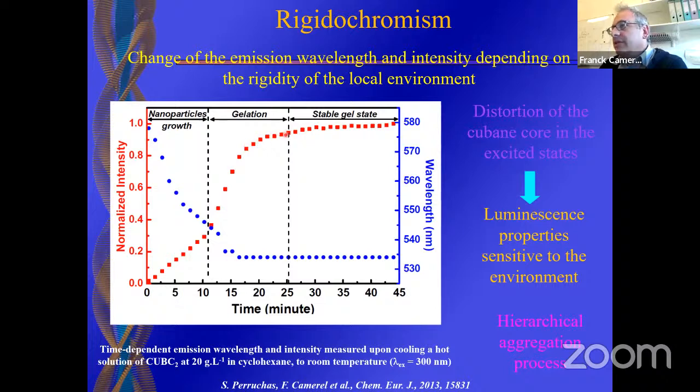When the gel is finished, you reach a plateau. So you have three steps: the nanoparticle growth, the gelation part, and the gel part. So you can use the properties of this cubane to follow the dynamic of the gelation.